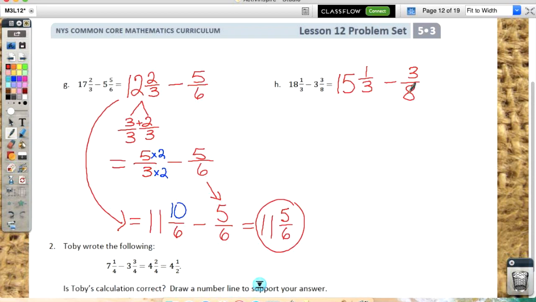We could check it. 1 times 8 and 3 times 3. So it's barely less, but it is less. So if I take out 1 whole, what does that leave me? 14. So 4/3 minus 3/8.